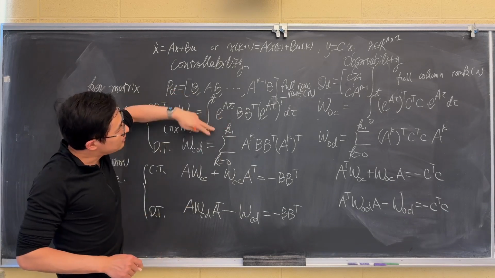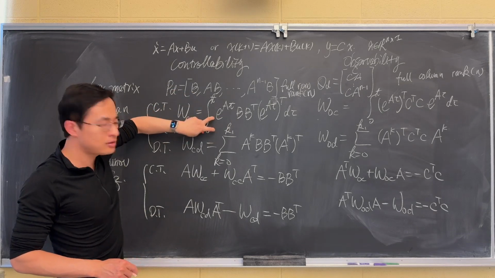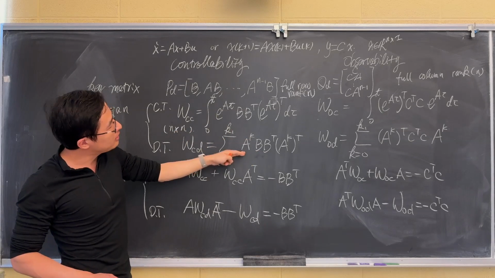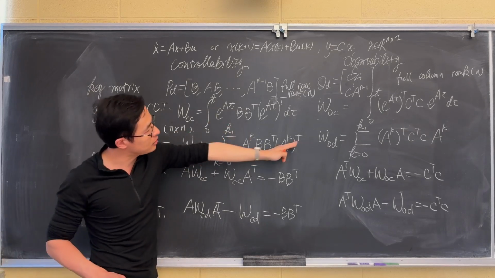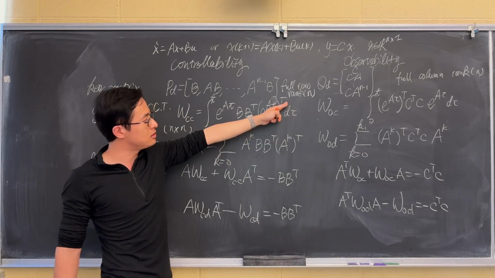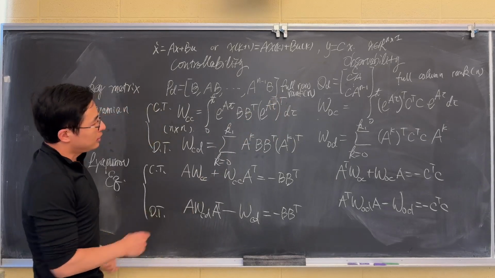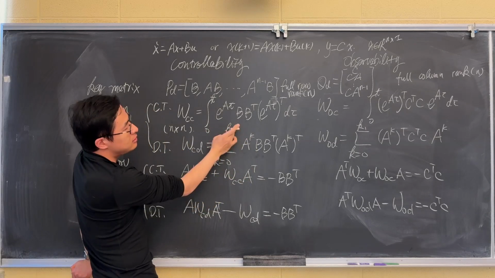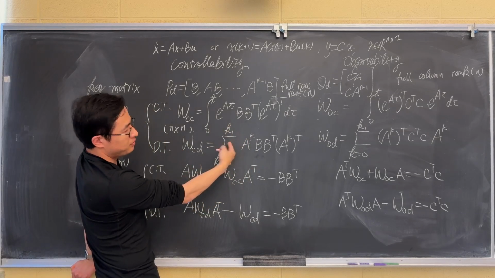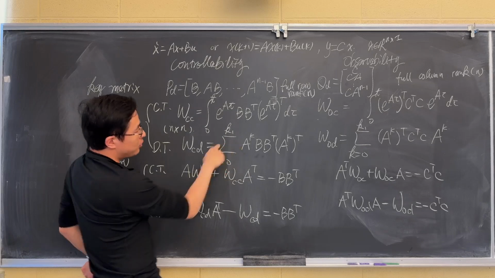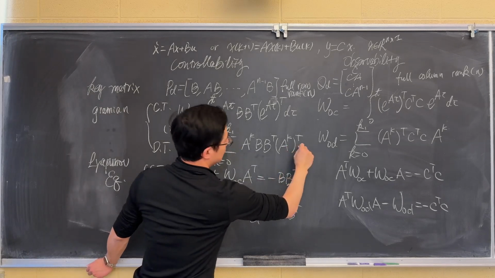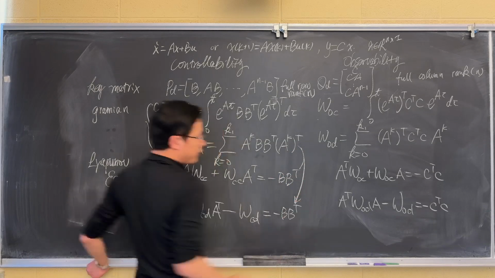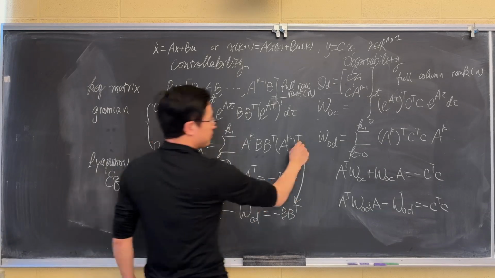For the continuous time case, comparing these two, there are similarities: both have B and B transpose in the middle, and then A to the k, this is e to the At, and if there's a transpose on this side, there's a transpose on the continuous side. In general this is a tedious calculation, but when certain scenarios hold, you can solve it from a Lyapunov equation.